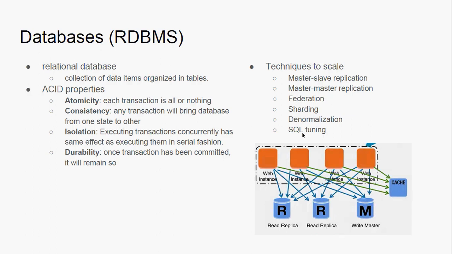The last one is mainly on SQL query tuning and that kind of stuff. But let's jump into replication. The first 2 are based on replication. This is just one diagram showing the different patterns that we have. We'll go into detail about these techniques, how you want to scale databases.